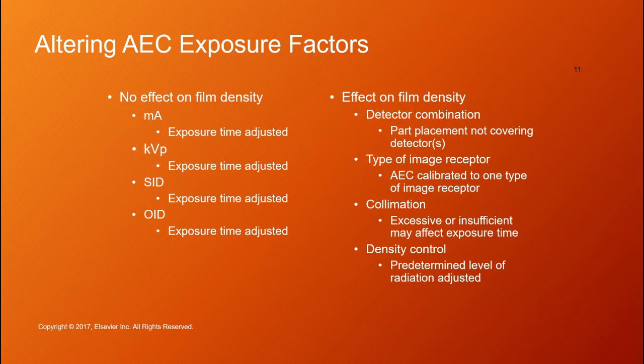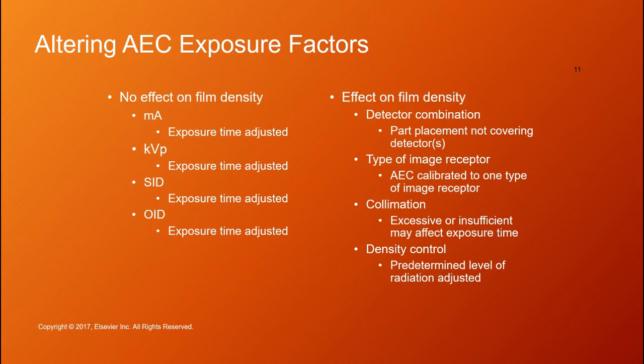So the detector combination, for instance, if your part placement is not covering a detector, that's going to affect your film density by giving you either an overexposed or underexposed radiograph. Okay, the type of image receptor, we kind of briefly touched on that. If you use the wrong type of IR that has not been calibrated to that AEC.